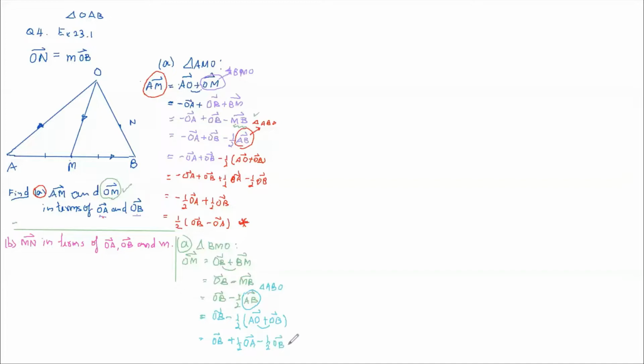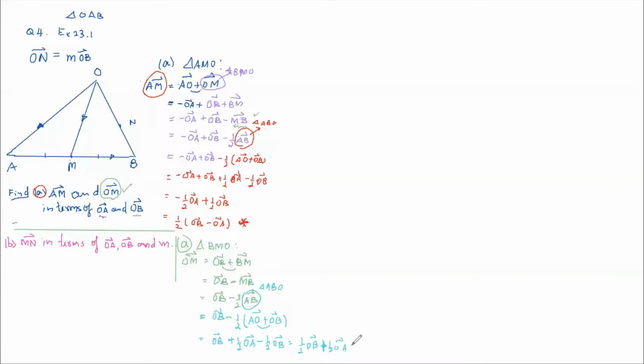Okay. So now simplify. 1 OB minus half OB left 1/2 OB, plus 1/2 OA.